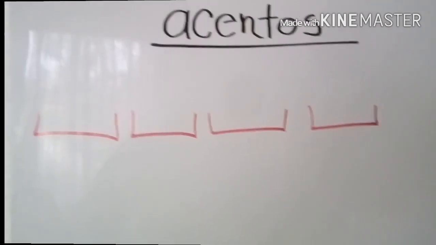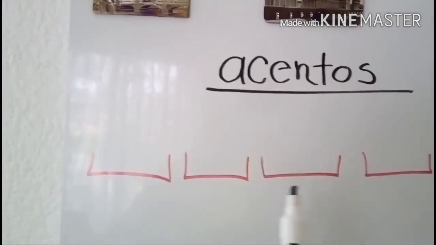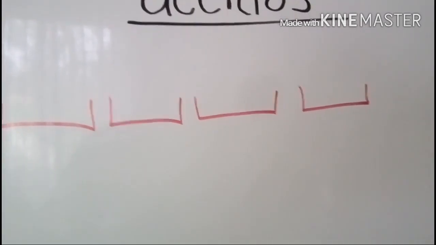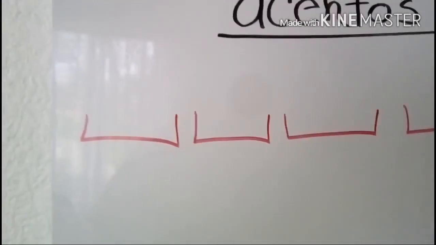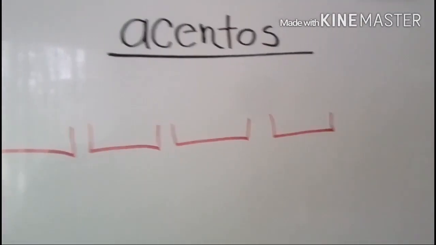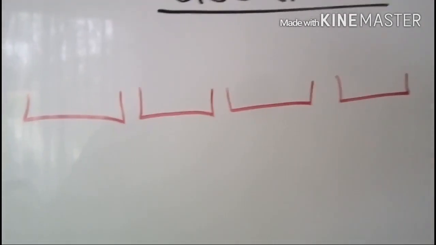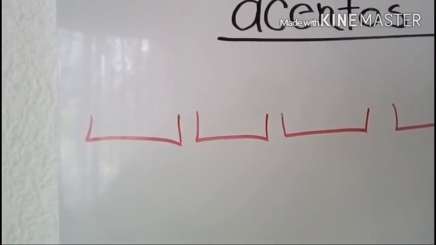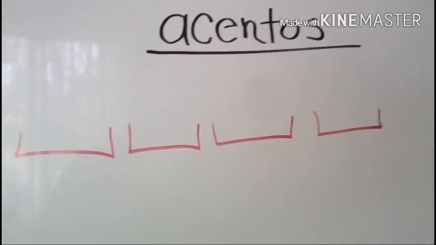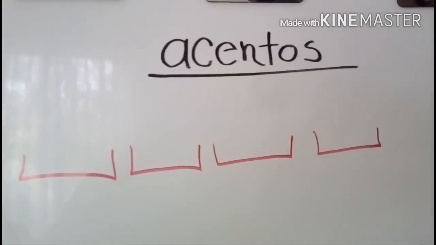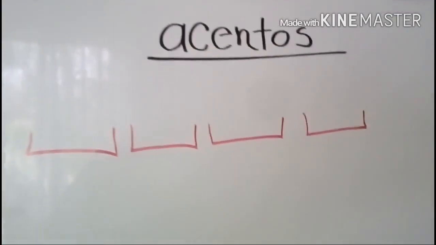Imagine we have a word of four syllables, and we always have to divide the word into syllables to know if we have to put an accent or not. In this case, we have a rule. It's always a rule, there's no exception. Well, there are some exceptions that I will explain in another lesson.